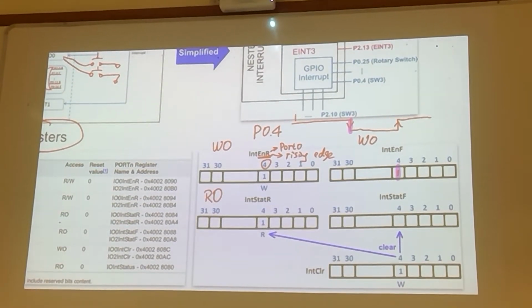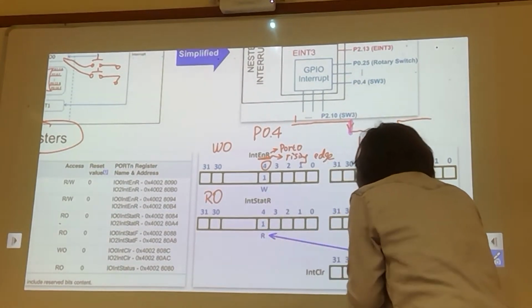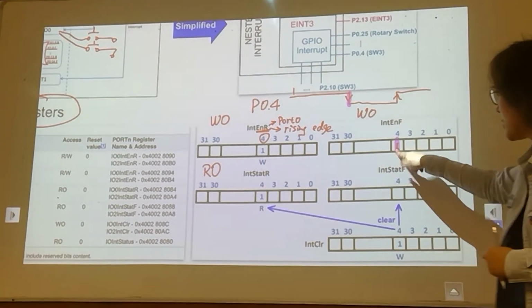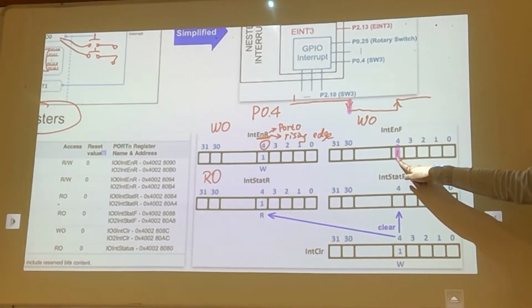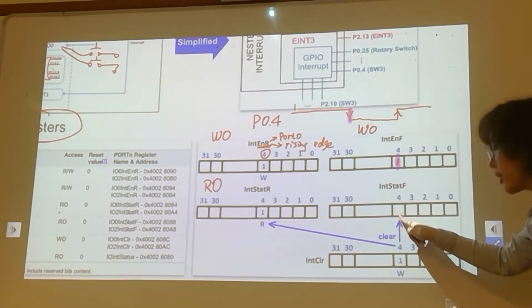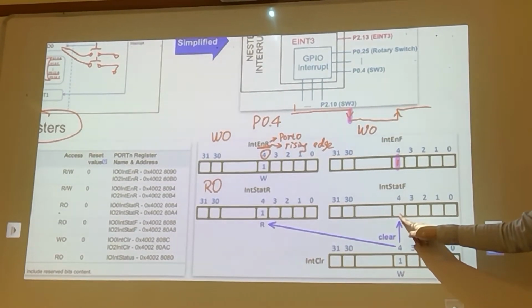So we need to keep looking at here or here, depending on whether you are writing here or here. Let's say I use this one, I use a falling edge. You did this setup, then you keep monitoring here. Originally, it is 0.